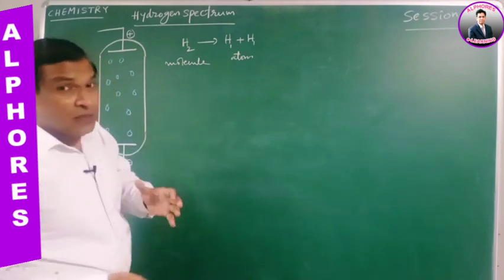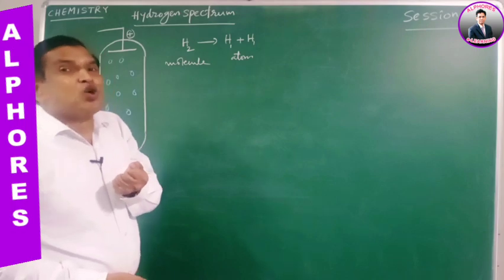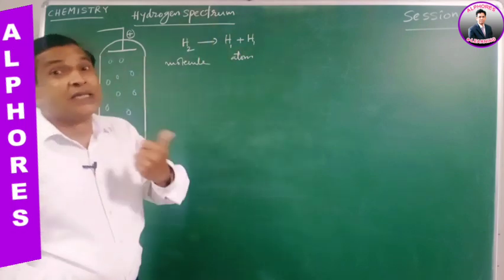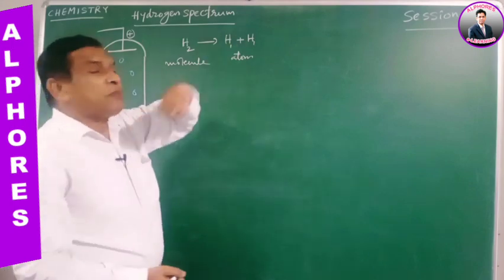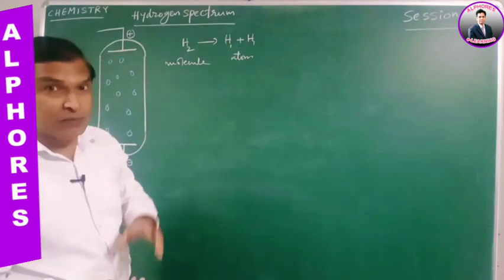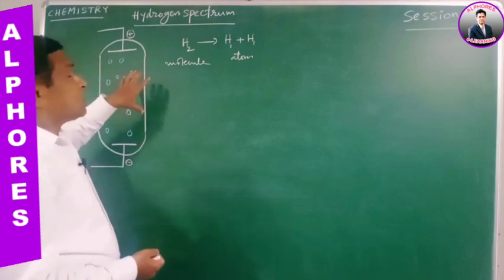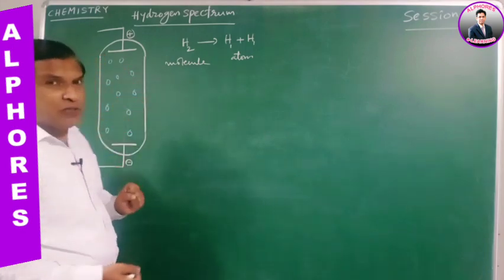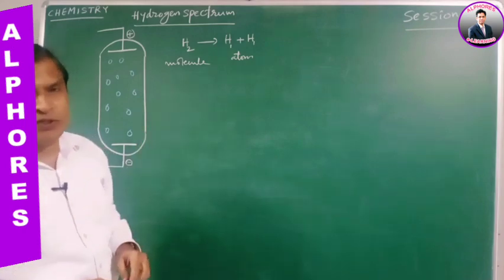Next, the remaining energy is absorbed to excite the unpaired electrons of hydrogen atoms. Again, a small amount of hydrogen gas is filled in the discharge tube. Under low pressure, the gas is heated to high temperature.